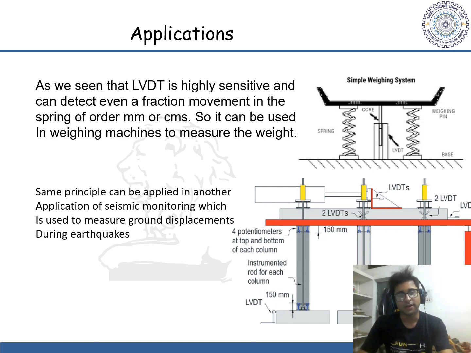As we have seen, the LVDT is highly sensitive and can detect even a fractional movement in the spring, on the order of meters or centimeters. So it can be used in weighing machines to measure weight.